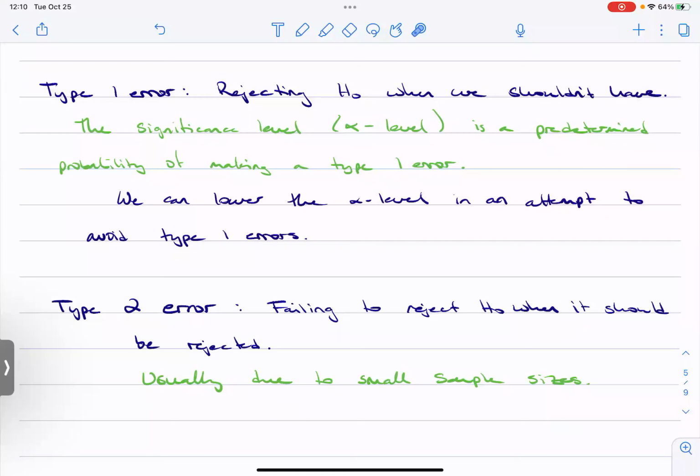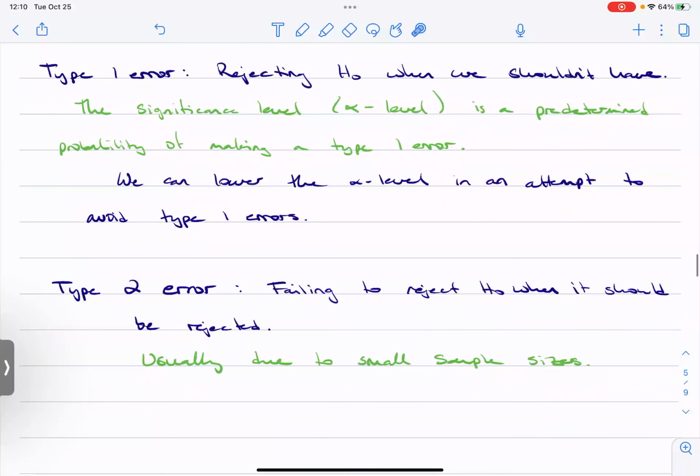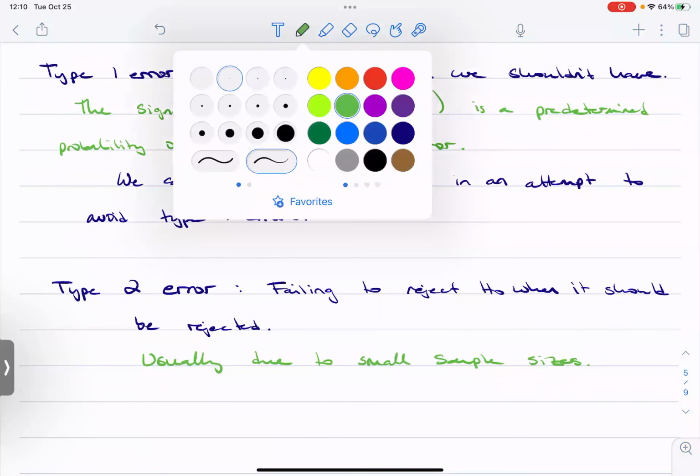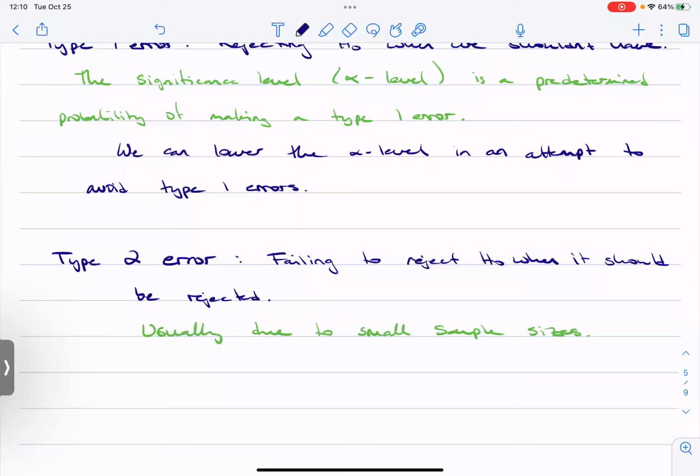But there are scenarios where it's really important that you don't want to make a type 1 error. There's a classic example of someone on trial.